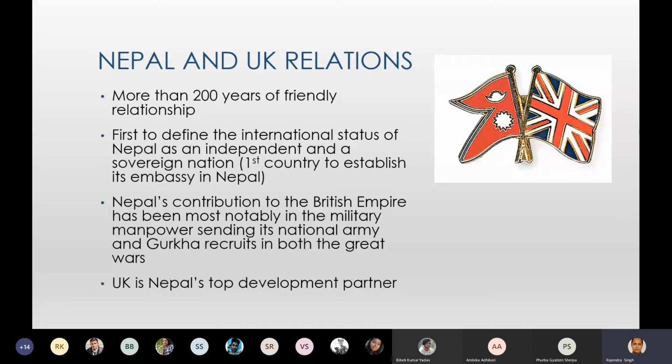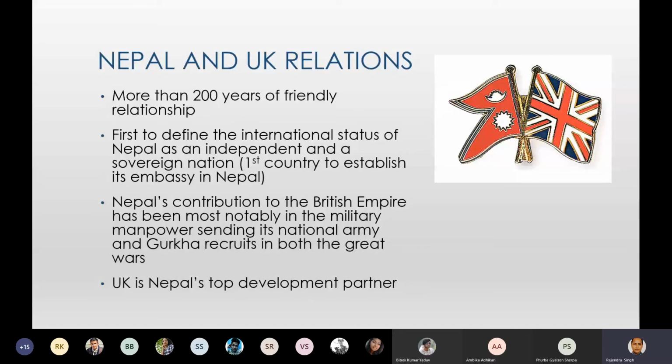And an interesting thing: the United Kingdom was the first country, or entity, to have its embassy in Nepal. It was even before India was formed. All right.